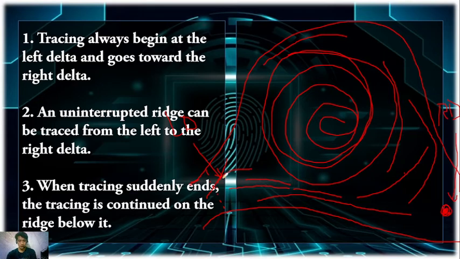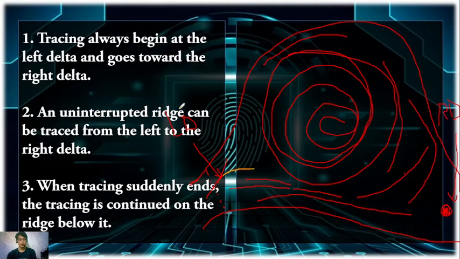So again, this is our left delta, so let us start here our tracing. Moving on there, nag-stop siya. Kanina uninterrupted siya, kaya tuloy-tuloy yung tracing natin. Pero ngayon, nag-stop siya.